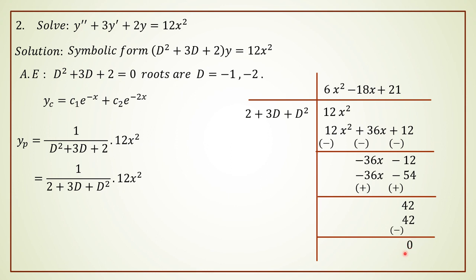Okay, you have to perform the division until you get the remainder to be 0. Then whatever the quotient obtained in the division will be the particular integral of it. Therefore, the particular integral of the differential equation over here is 6x square minus 18x plus 21.